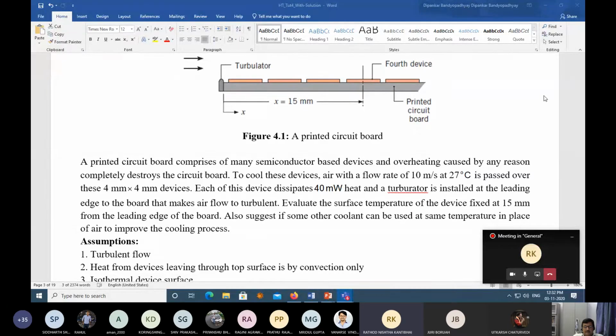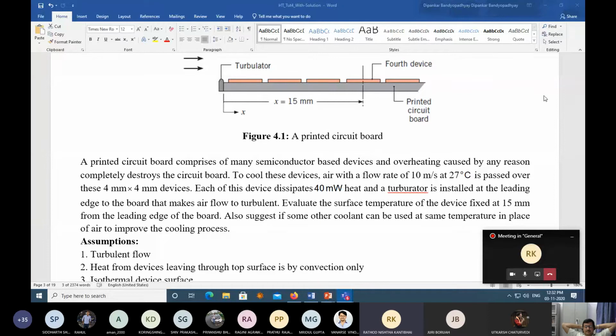Each of these devices dissipates 40 milliwatt heat, and a turbulator is installed at the leading edge of the board that makes the air flow turbulent. Evaluate the surface temperature of the device fixed at 15 from the leading edge of the board. Also suggest if some other coolant can be used at the same temperature in place of air to improve the cooling process. Great. So what type of problem are we attempting here?